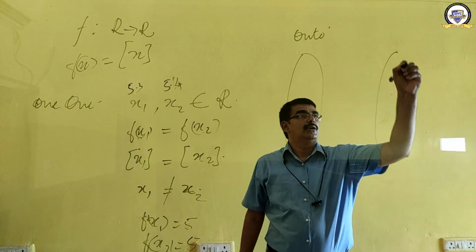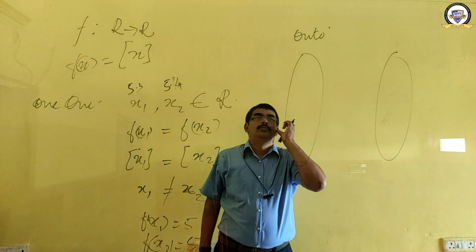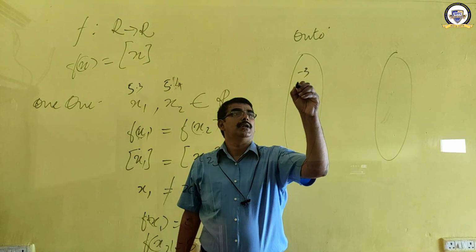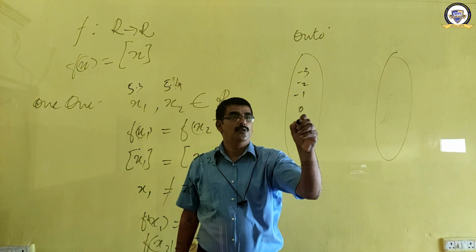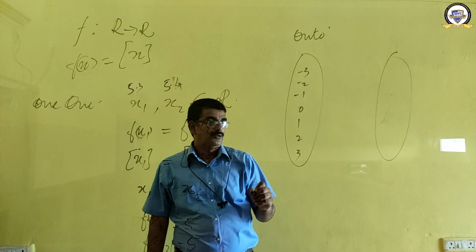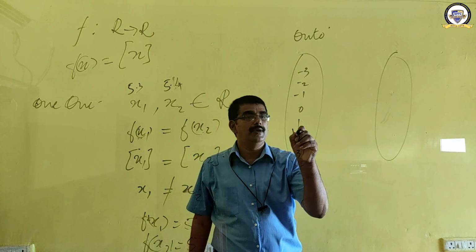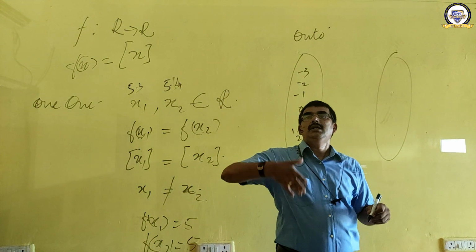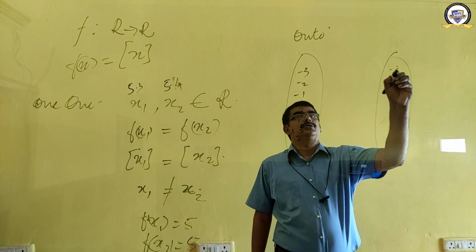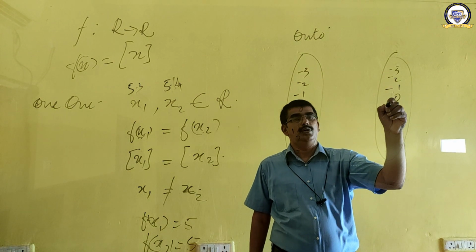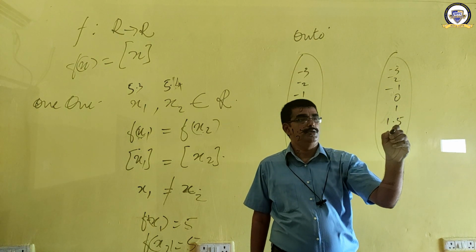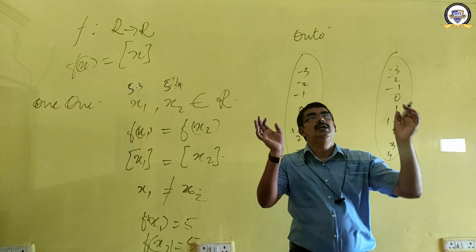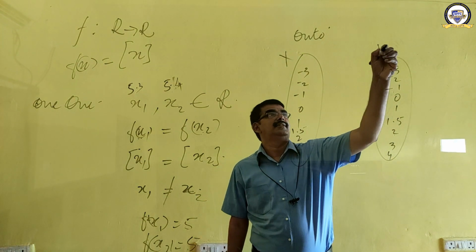Let us draw one Venn diagram over here: -3, -2, -1, 0, 1, 2, 3. You can also mention 1.5 over here because it is a real number. So -3, -2, -1, 0, 1, 1.5, 2, 3, 4 like this. This is at x and this is at y.